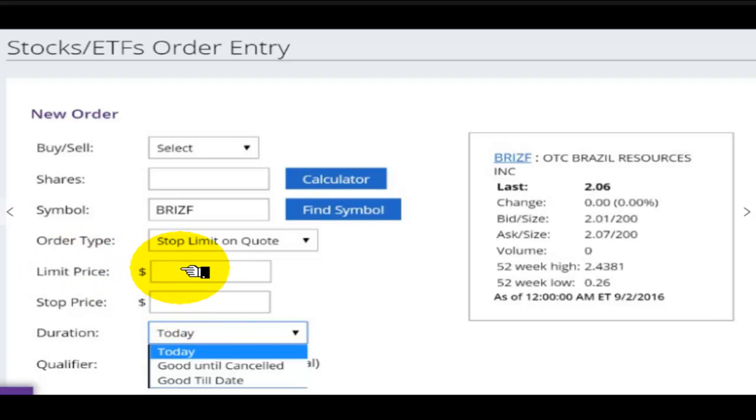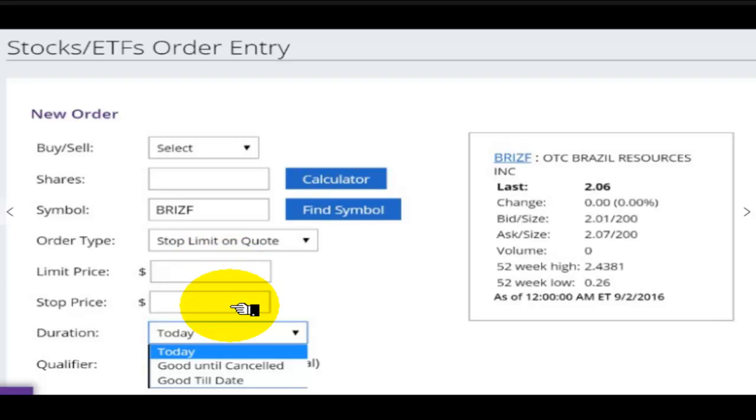The limit price is how much slippage you're going to allow. So let's say for the sake of this example, you're going to put the price here as $215. So your stop price has to be above the current market price. So we're going to put 210, and then your limit price will be 215.